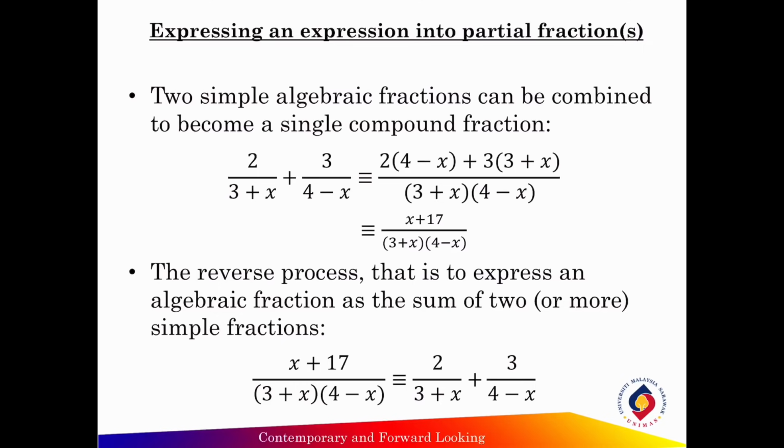Here, we will do the reverse process, that is, to express an algebraic fraction as the sum of two or more simple fractions. For example, x plus 17 over (3 plus x) times (4 minus x), and then we will get 2 over 3 plus x plus 3 over 4 minus x.